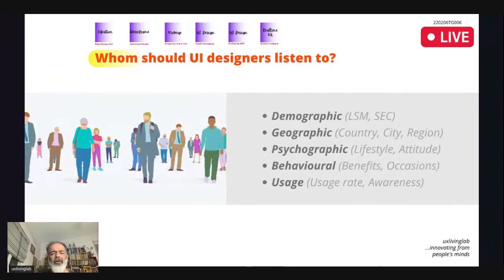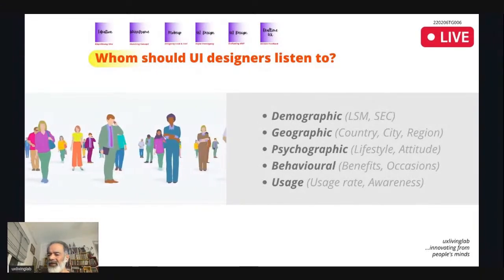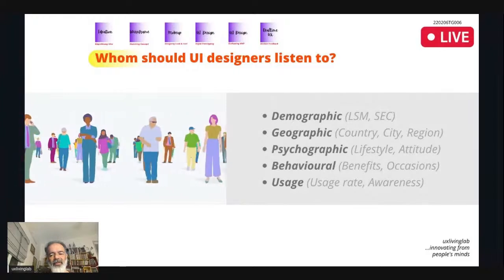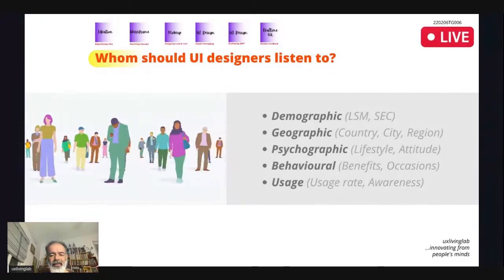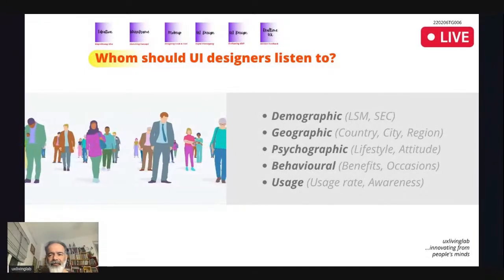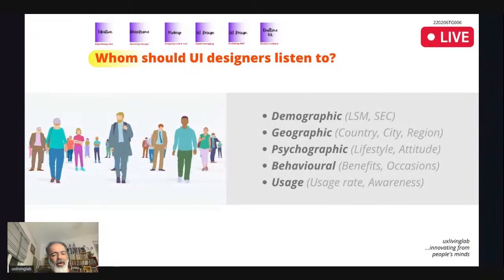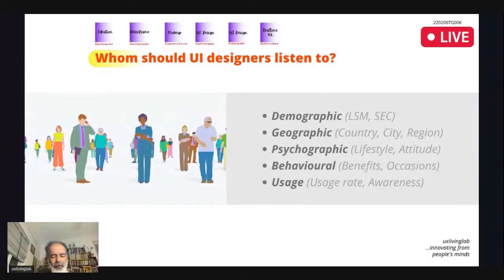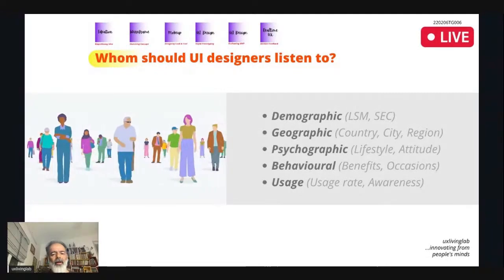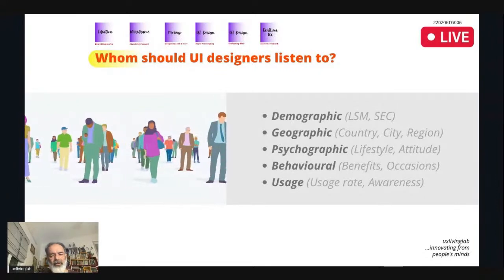The scientific methods of segmentation we can apply, the first is demographic segmentation. Demographic segmentation is based on LSM, the living standard measurement, or SEC, social economic classification. In demographic segmentation, we mainly talk about income, age, occupation, and education. Divide the group into these segments.